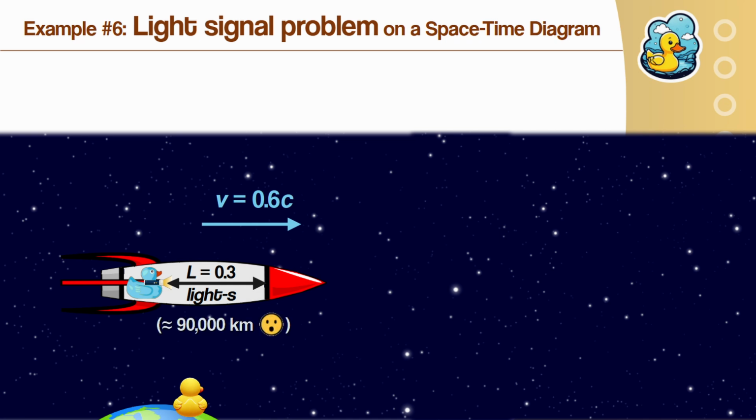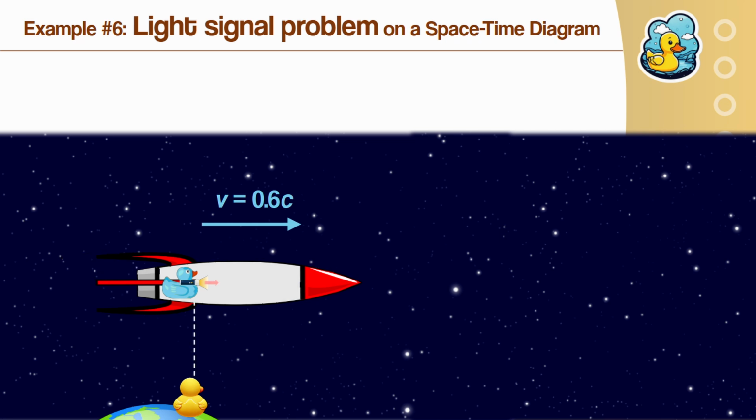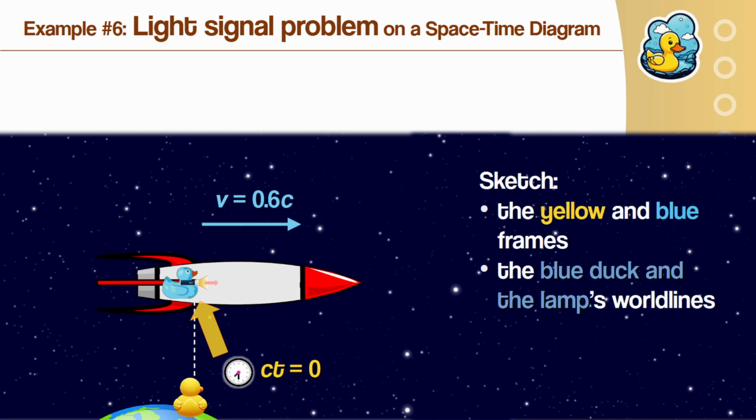It's a big spaceship. At the moment the spaceship passes directly in front of the Yellow Duck, the Blue Duck flashes its lamp. This is t equals 0 in the Earth frame, and we will place the origin of our diagram at this moment. Pause here and draw the spacetime diagram in the Earth frame.